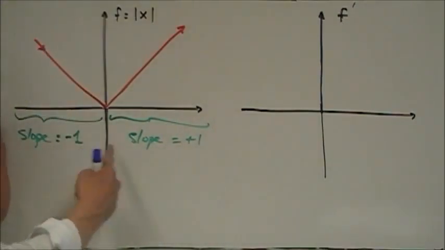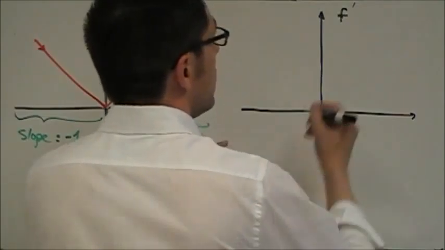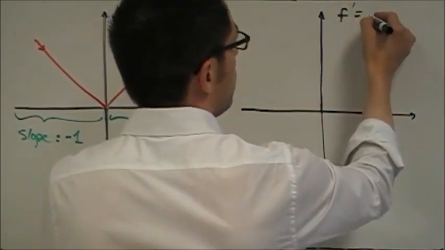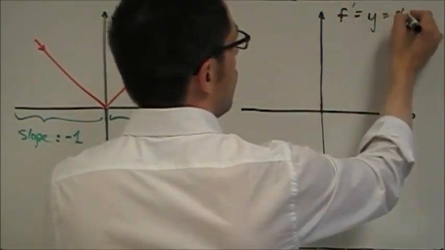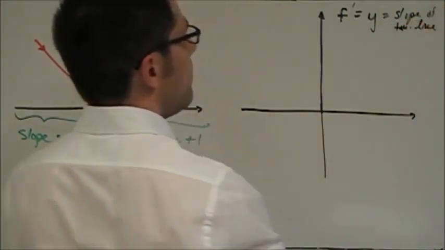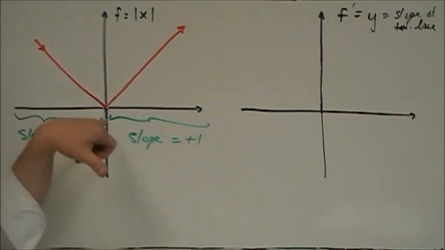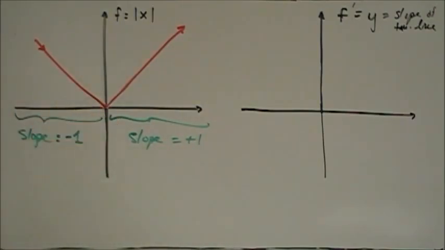Remember, the slope is really the y value here, so y equals f prime, which is equal to the slope of the tangent line. All of our y values will be exactly the slope of the tangent line. Again, something weird happens at 0, and we'll see why this function is not differentiable at that point. You can see it graphically, but let's just go ahead and draw the picture.